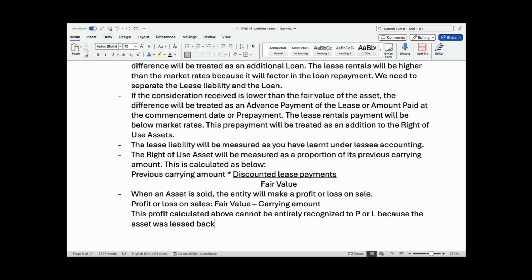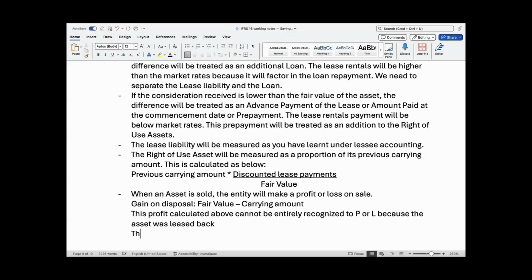So since the asset was leased back, then there is this gain on sale, let me call it gain on disposal. It's better as gain on disposal. You cannot recognize everything as income in your P&L because you leased back the assets, because you are still using the assets.